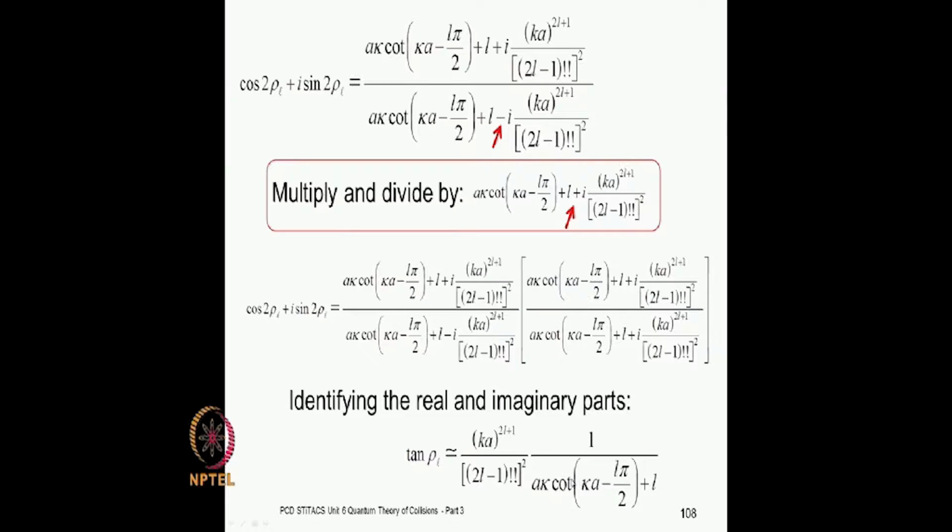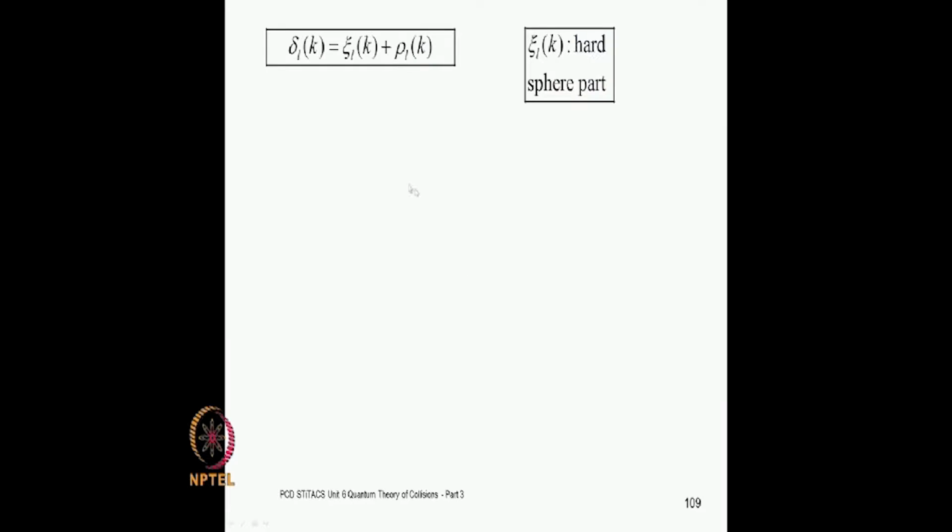So it is a straightforward substitution, and this is what you get for the tangent of rho in terms of this factor here, and we know that it is linked to the resonance condition.